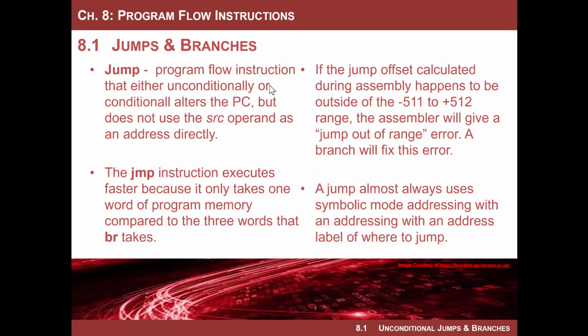In order to get an instruction that is smaller, they created this type of instruction called a jump. Now, what a jump does, instead of having a full address that you put into the program counter, is apply an offset to the program counter.